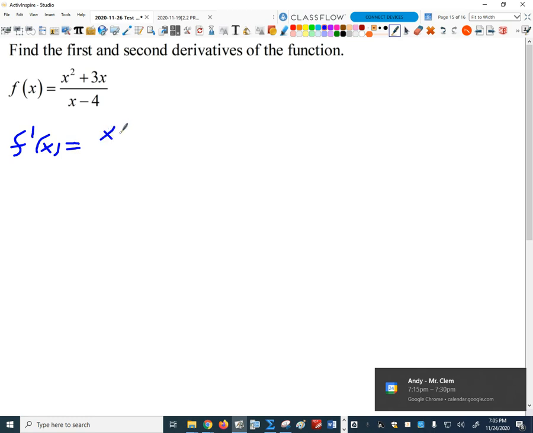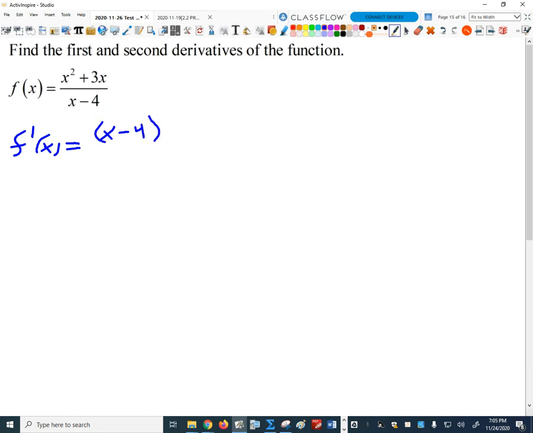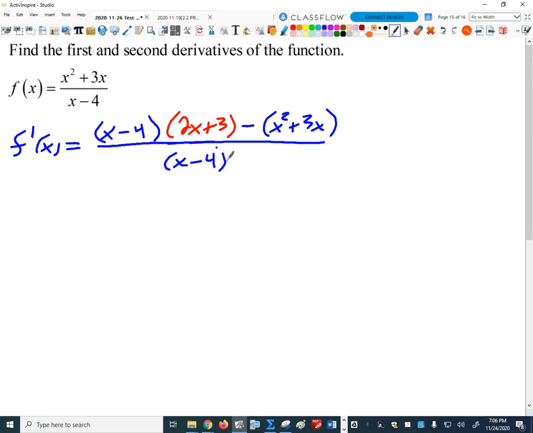So we get v u prime minus u v prime, which is 1, divided by v squared.